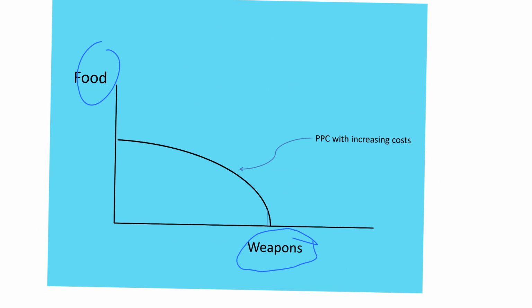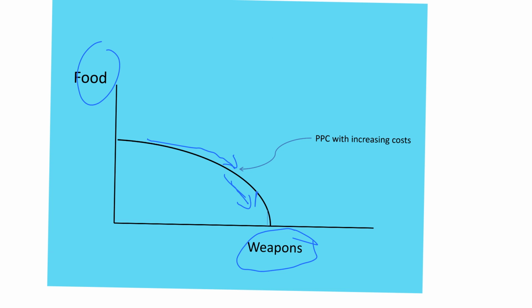You could fight a war with guns, or you could feed yourself, or you could do some combination of the two. The idea here is that as you move in this direction, the goods or the inputs that you use to produce food are not really suited to weapons. So it's much harder to convert them to weapons production.